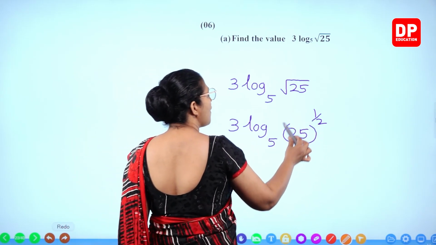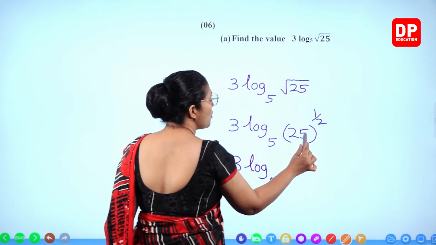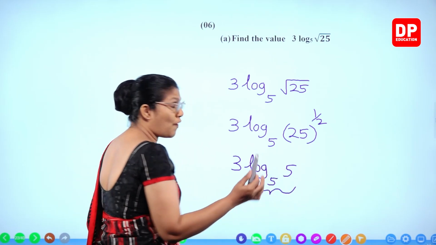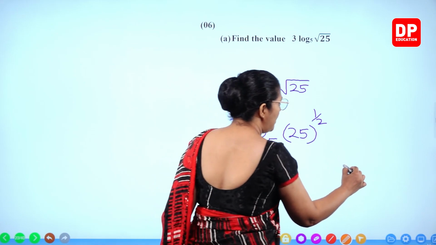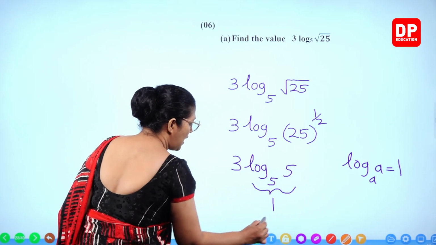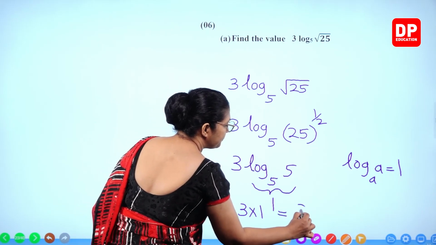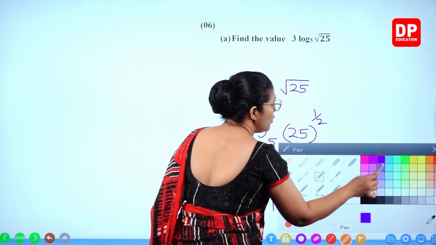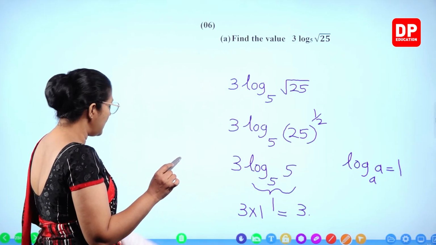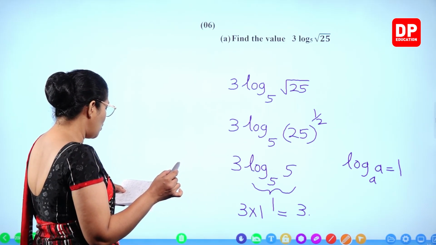So you can first simplify this one. 3 log 5 base square root of 25 is 5. Then what happens? Log 5 base 5. Same base, same number. You get 1 always. A with A is 1 always. So you can use that property and write down 3 times 1. You get 3. So without using log tables, you can simplify this one easily. So let's see how many marks. So that's only 2 marks.